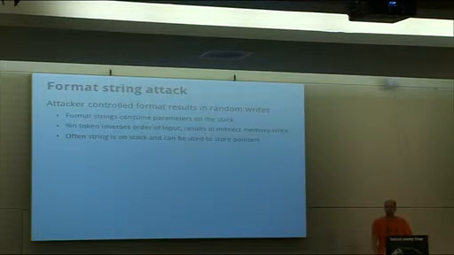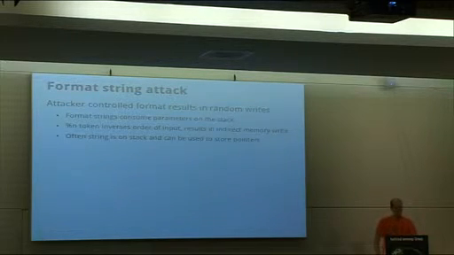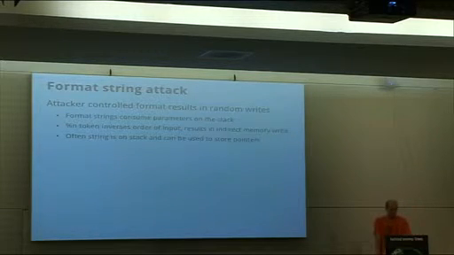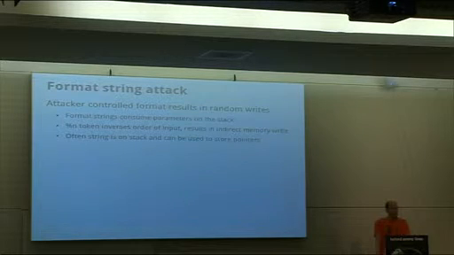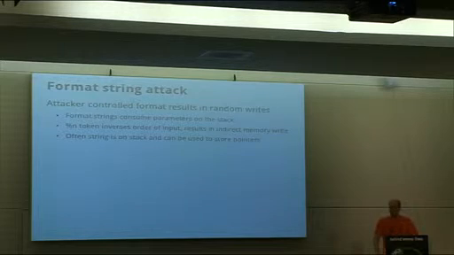If a user can control this first string, he can basically place arbitrary special tokens in that string that read from the stack and also write to the stack if we use the %n token. The %n token is a very special feature that comes from very old Unix versions, and basically results in an arbitrary memory write.